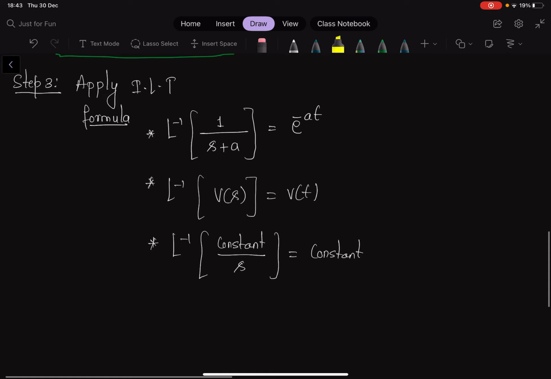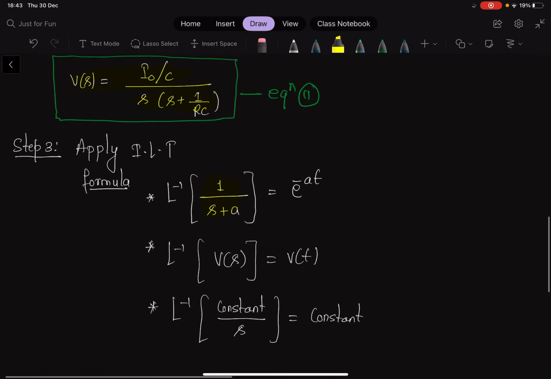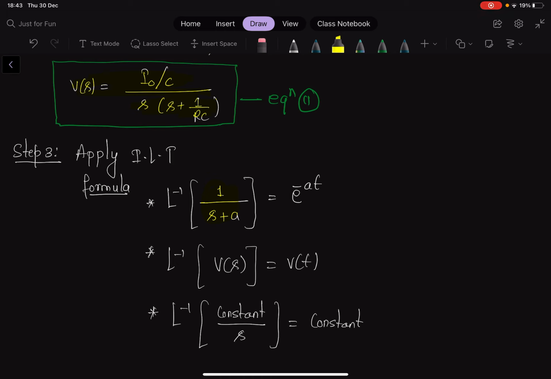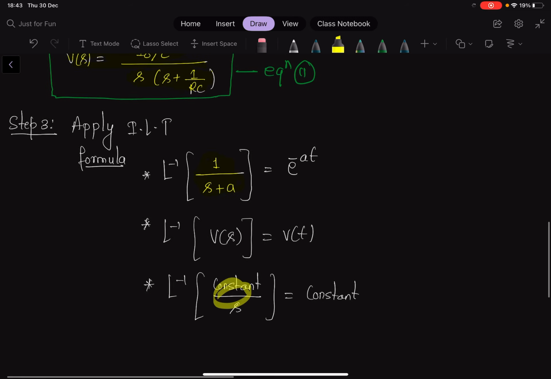Now pay attention here to this format, because this is the format we need to get from equation 2. If you look at equation 2, it includes s, so we need to separate this s and this s plus 1 over RC in such a way that we can apply these formulas.